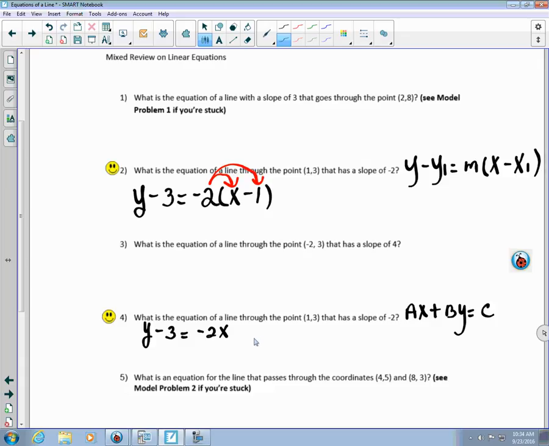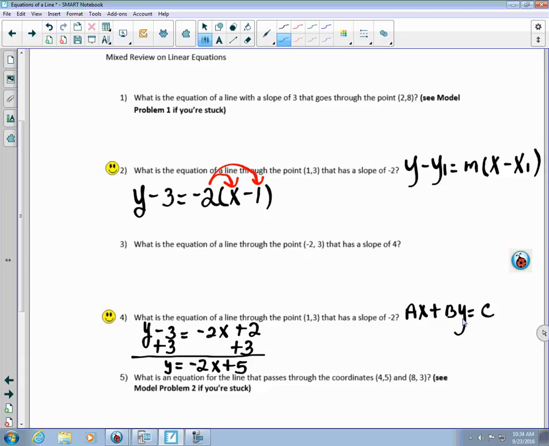And what is -2 times -1? Plus 2. Very good. Now I'm going to say plus 3, y equals -2x plus 5. Now I just changed it to slope-intercept form, right?